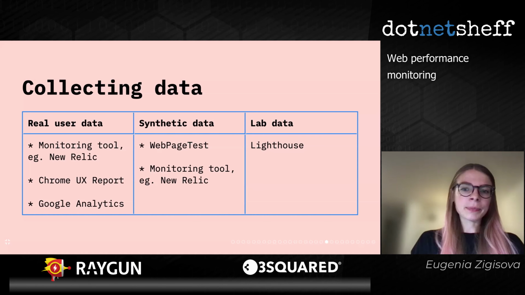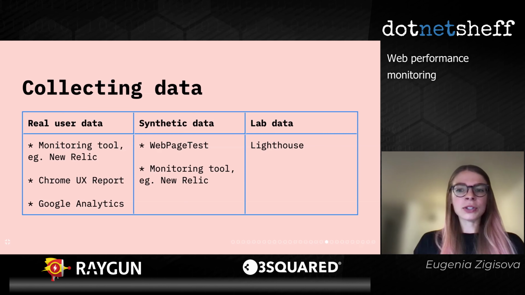There are many variants you can do. You can collect real user data, synthetic data, or lab data. And of course, the most effective one is real user data, because it gives you understanding of how your website is performing in the real world, taking into account user network connection and devices they use.